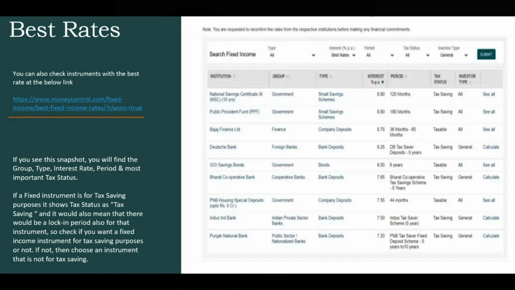So when you are investing in a fixed instrument, you can check here which product is for tax saving and which product is taxable. If you're looking to invest for tax saving purposes, you can look for fixed instruments which provide you tax savings. And if your purpose is not saving taxes, you can invest in the product where you don't need to save the tax. That's it for fixed income products.